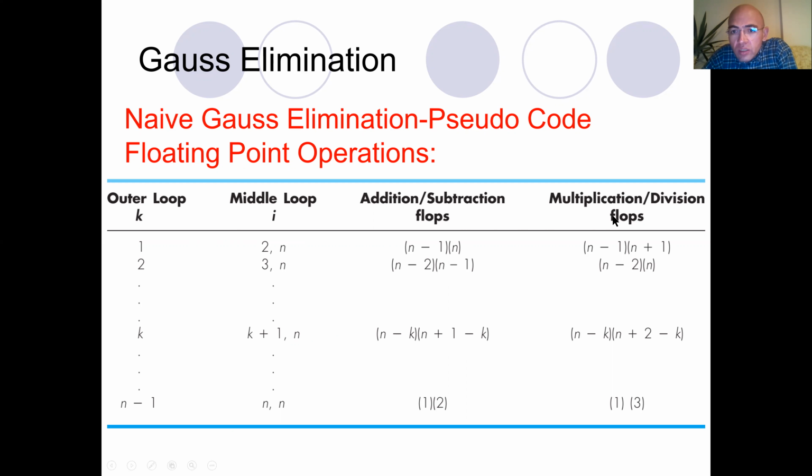And on the other hand, we have multiplication and division floating point operations. So flops means floating point operations. For example, in the first outer loop, you do n minus 1 multiplied by n plus 1 multiplication and division. In the second one, it is n minus 2 multiplied by n, and it goes like this. And in the last outer loop, you do 1 multiplication and 1 multiplication and 3 division operations, and here it is 1 and 2.